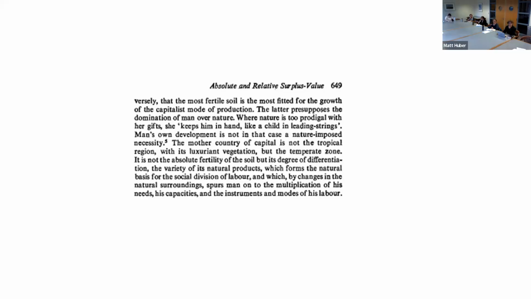That actually makes people not want to develop the productivity of labor because they just have everything easily. So he says, humans' own development is not in that case a nature imposed necessity. The mother country, this is straight environmental determinism, the mother country of capital is not the tropical region with its luxuriant vegetation, but the temperate zone. Where's the temperate zone? Europe, right?